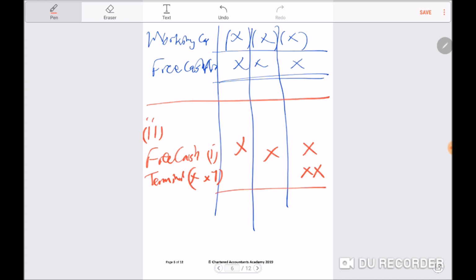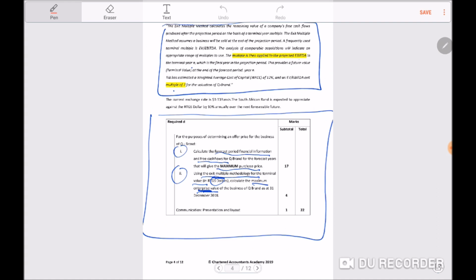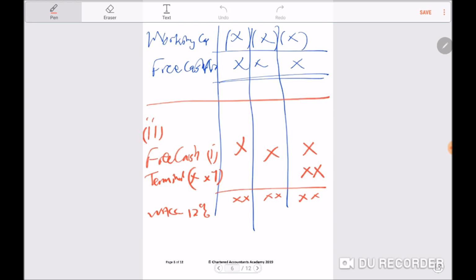There is no other adjustment. And then we get our total free cash flows, and then we present value using our WACC of 12%. Since we were given the WACC of 12% right over here, TIB has estimated a WACC of 12%, so we're going to present value using 12%.